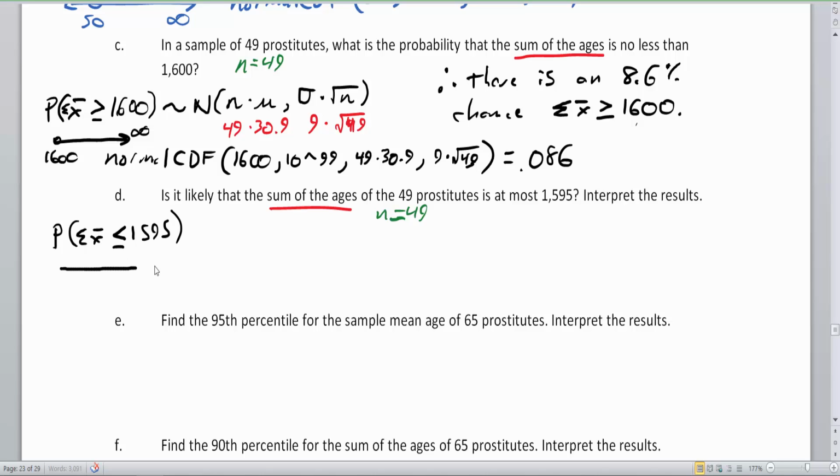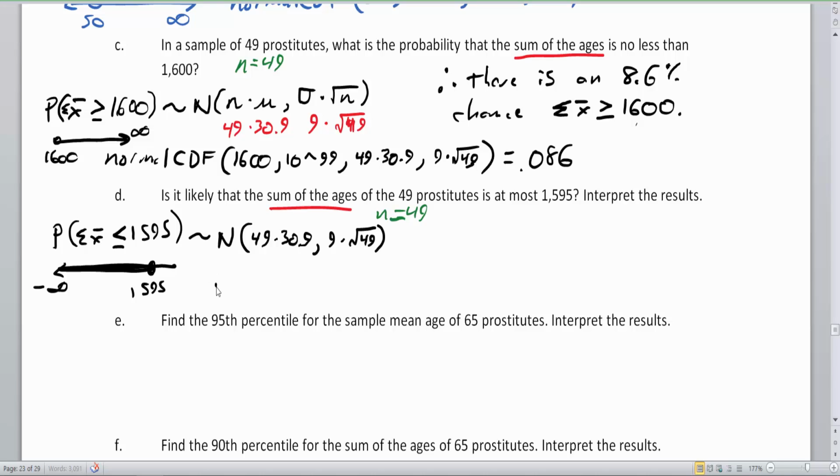And this is going to go from 1595 less than, so it takes a trip to negative infinity. And again, we're going to go to a normal distribution of 49 times 30.9. Again, that's n times mu, and 9 times the square root of 49, which is going to be my standard deviation multiplied by the square root of the sample size.